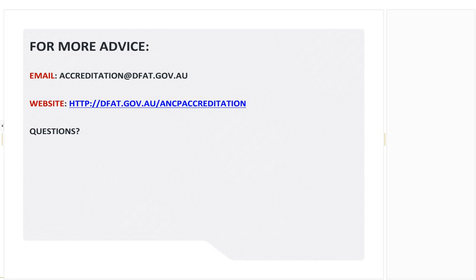Or if DFAT comes out with a new policy that we want all NGOs to abide by, that will be updated in the criteria. So we try not to do a review too often, but around five years is normally the right amount of time.